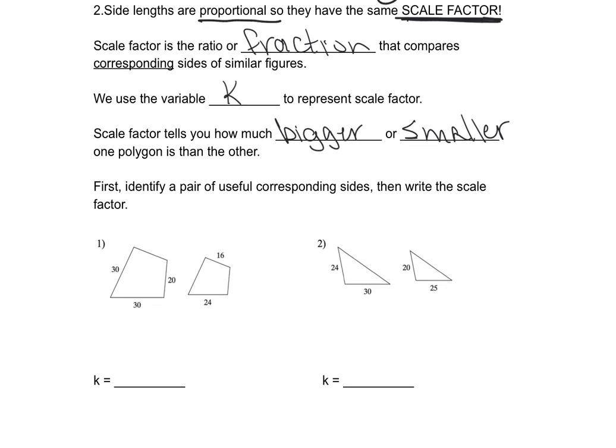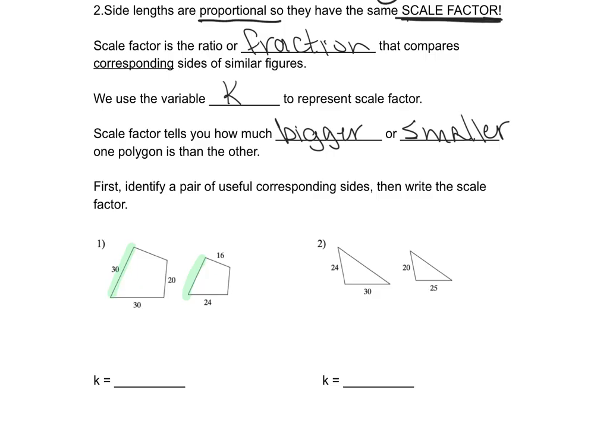Okay, so all we're going to do on these first couple of examples is identify or state what the scale factor actually is. So if we were going to identify corresponding sides, this side corresponds to this side. If you notice the greens that I have marked, the one on the left has a 30, the quadrilateral on the right doesn't have anything on it.